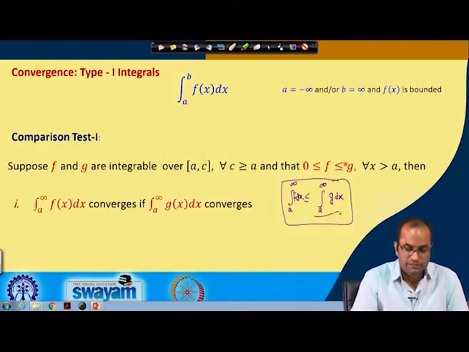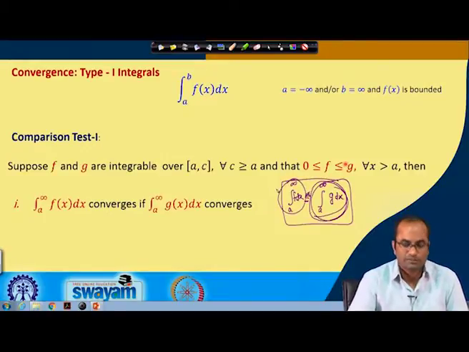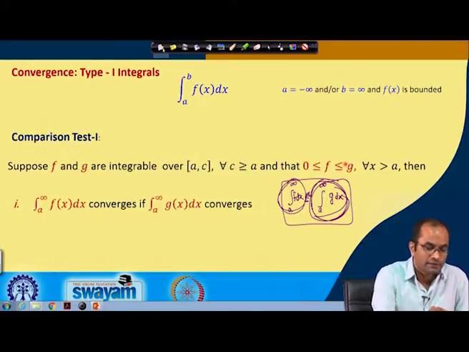So, if the integral of g converges, and g is taking larger values at any point x greater than a, then naturally the integral of f also converges, because if the larger value exists and this is smaller than that, then naturally this also exists.